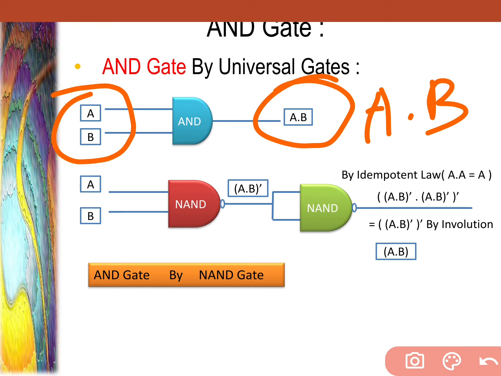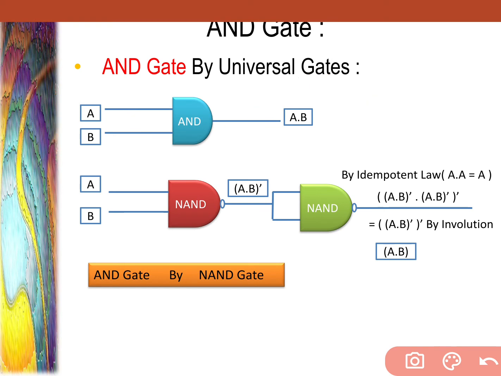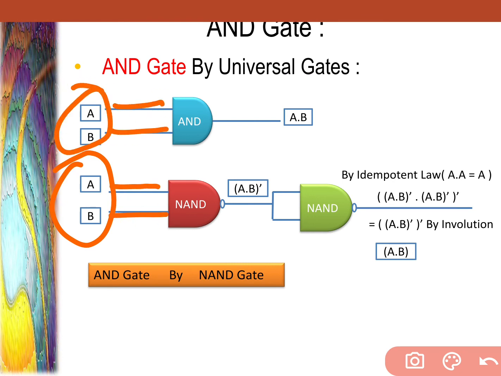And we have to create this by the NAND gate first of all, and then by NOR. See, A and B, I am sending the same thing as earlier, no changes.